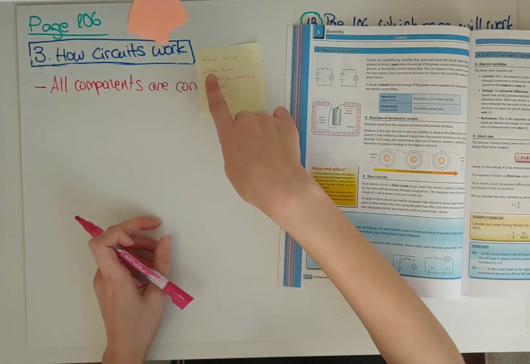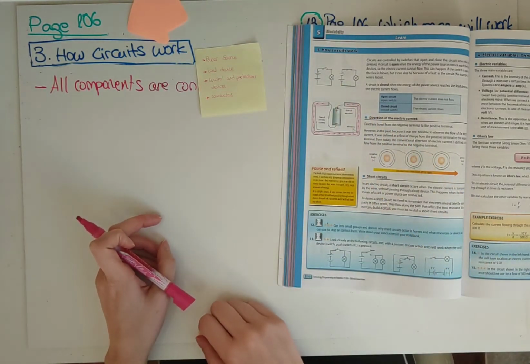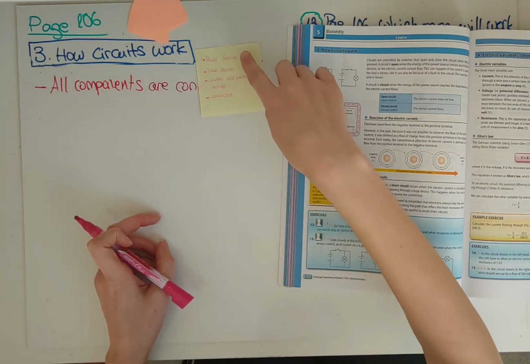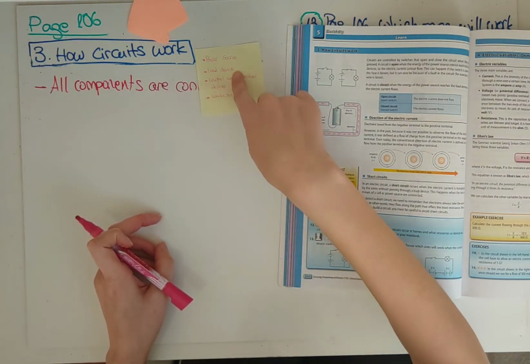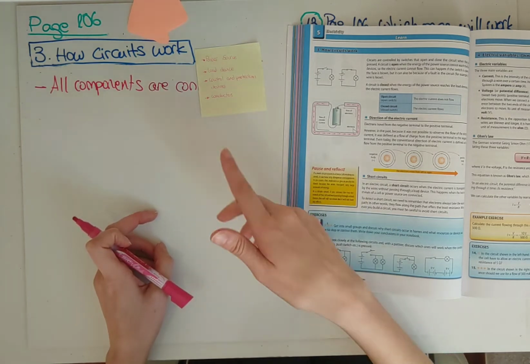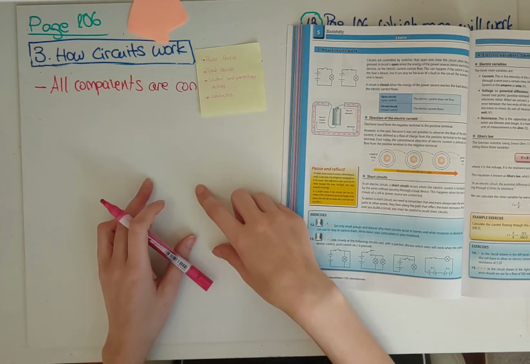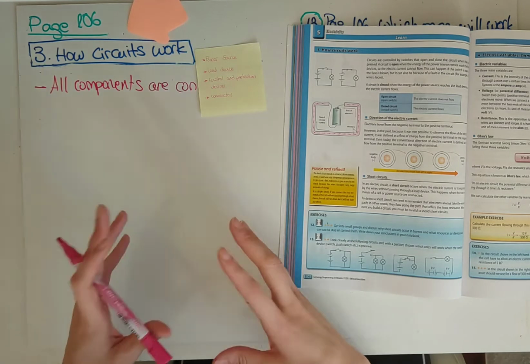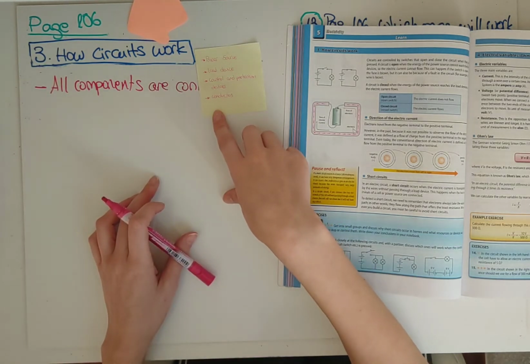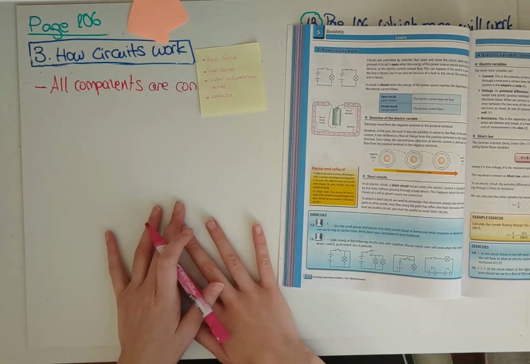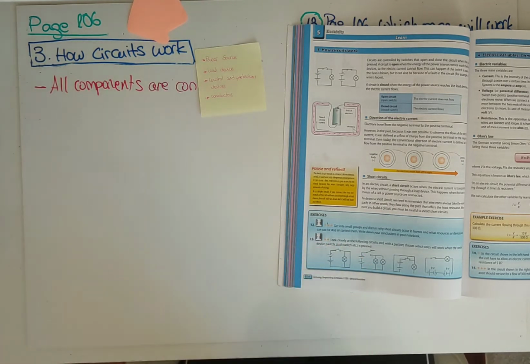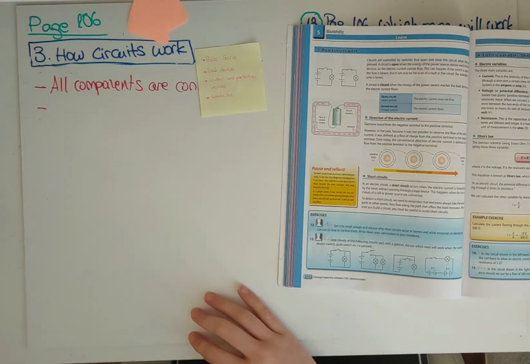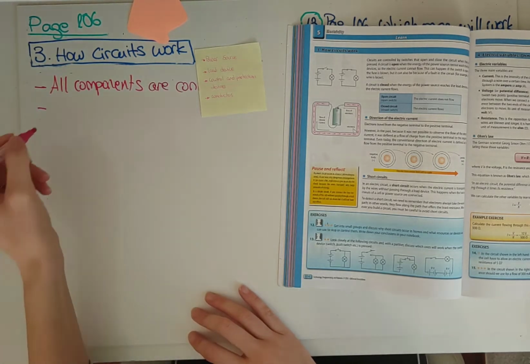We need the power source that gives the energy to the circuit, the load device that converts this energy into another form of energy, control devices that are switches, and conductors, the wires that connect each element together. Okay. Also, a circuit works when it's closed.